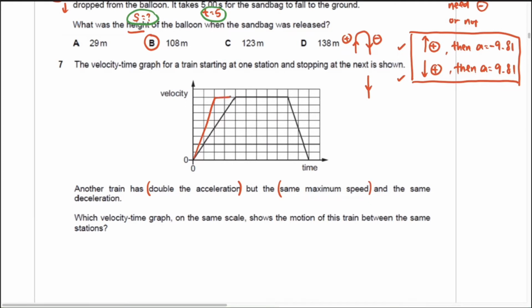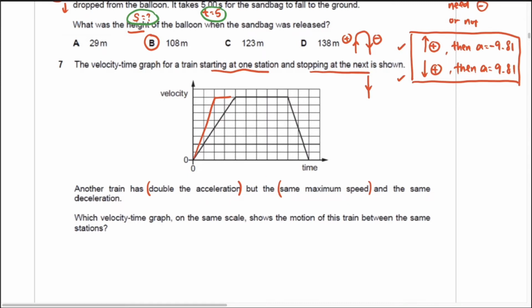So how long should we go? We don't know yet. And the same deceleration means the same gradient when it goes down. We don't know how long we should extend the maximum speed before that same deceleration. What we know is it starts at one station and stops at the next station.